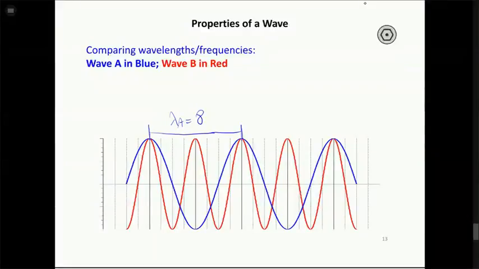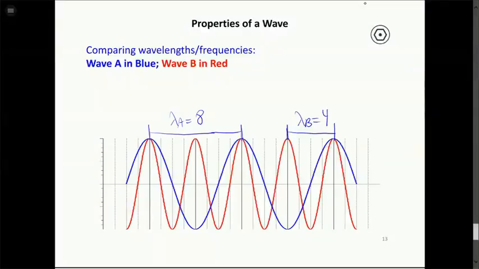If we do the same thing for wave B, two peaks for wave B, we measure this distance, it's going to be 1, 2, 3, 4 divisions. And so the lambda for B would be 4. All right, so that means the wavelength for A is 2 times the wavelength for B. So in relative terms, A has twice the wavelength of B.